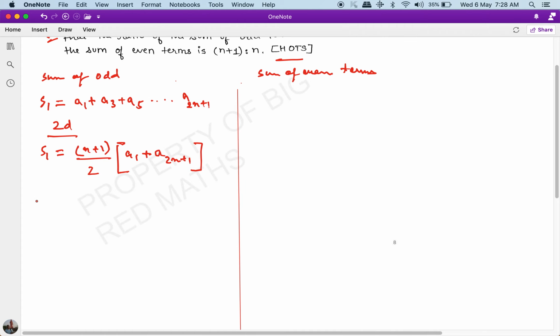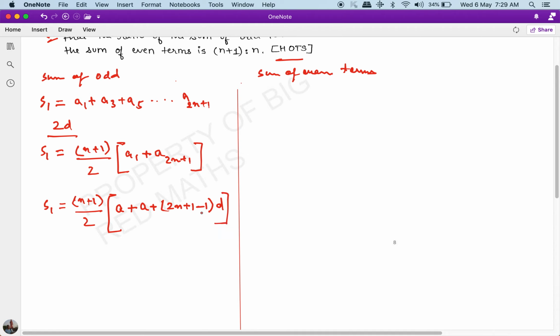Now let me substitute the value of the 2n plus 1th term here. This is n plus 1 whole thing divided by 2 multiplied by A1 is A. Let's assume that the first term is A. The last term will be A plus the 2n plus 1th term, which is 2n plus 1 minus 1 into d.